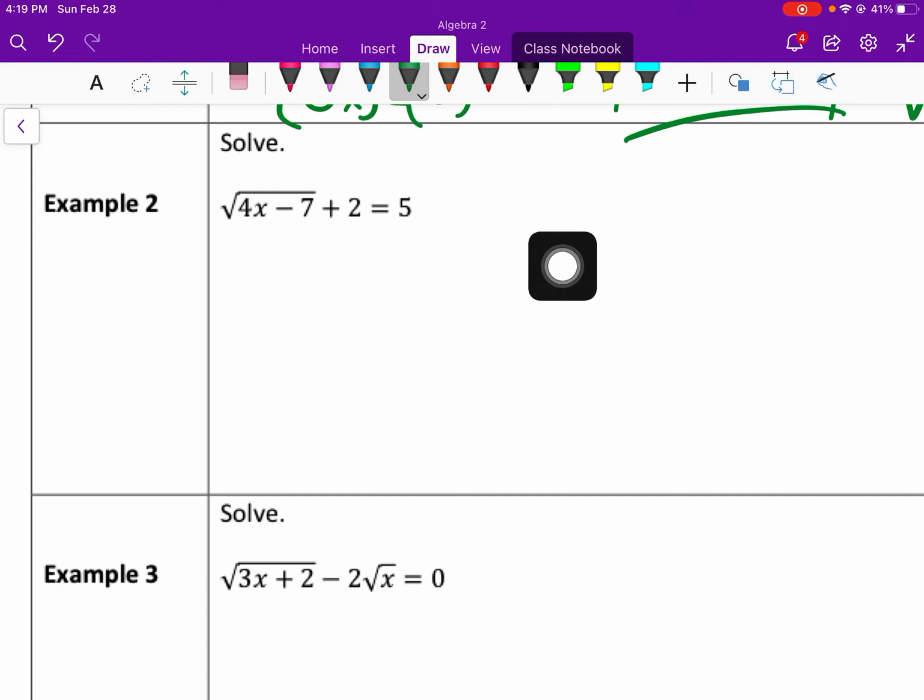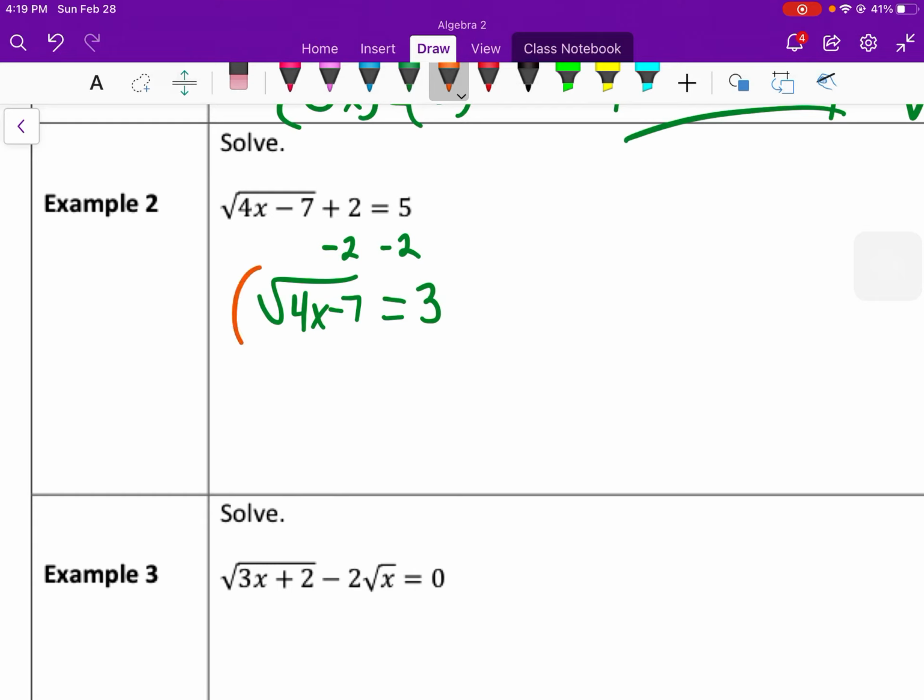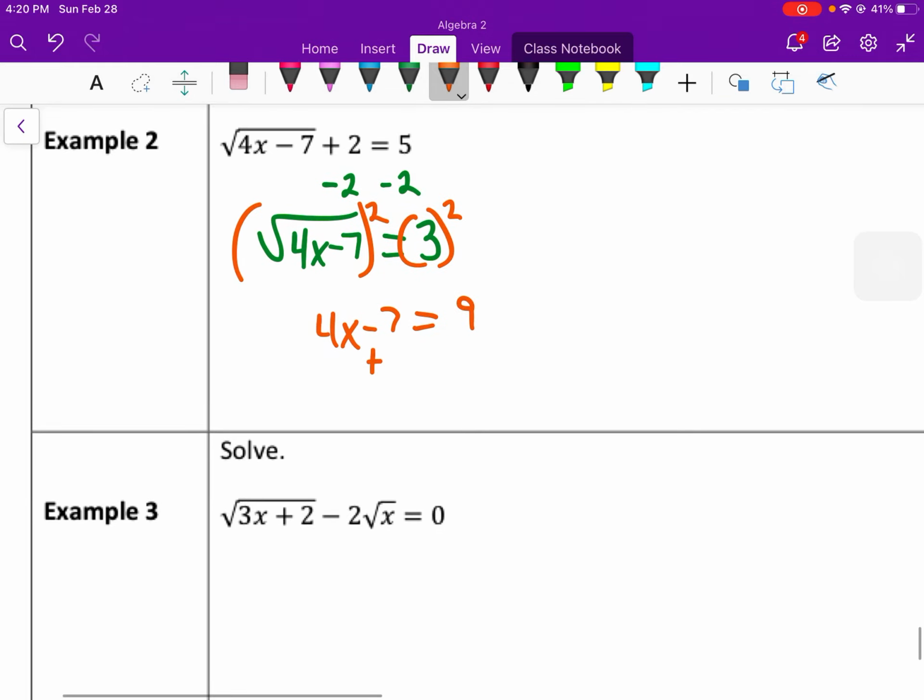So isolate the root and x. So subtract 2 from both sides. We have the square root of 4x minus 7 equals 3. The inverse operation would be to square both sides. So 4x minus 7 equals 9. Isolate x.